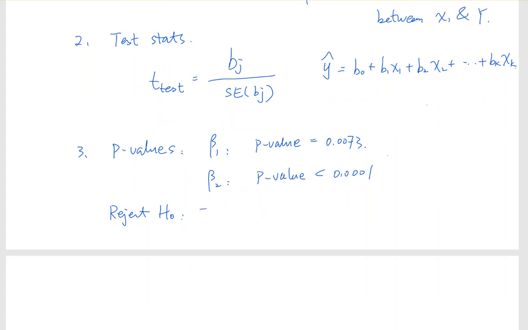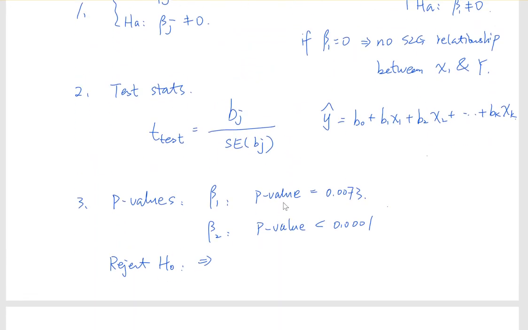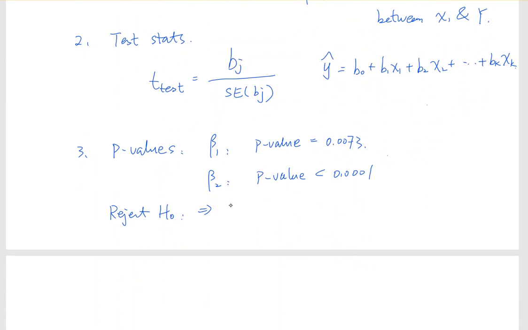So if you reject the null hypothesis, that means these two variables are both significant, right? That means for each of these two variables, you can make a conclusion. So the number of bedrooms has a significant relationship with the house price.